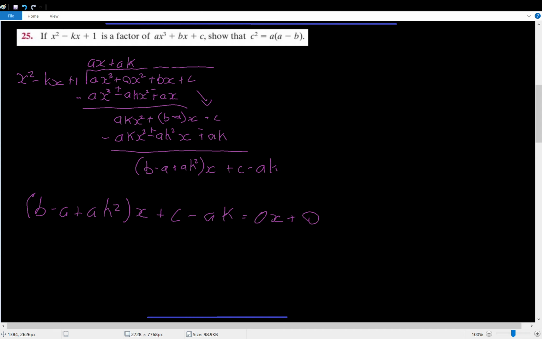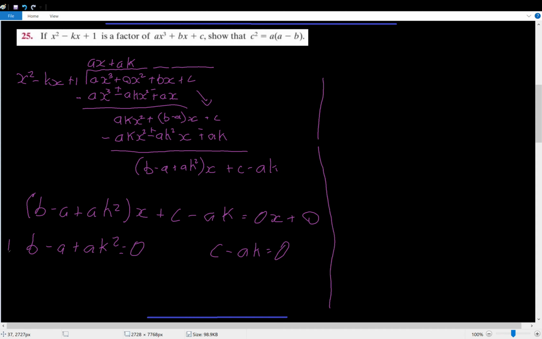From there we can say that b minus a plus ak squared is equal to 0, and that c minus ak is equal to 0.